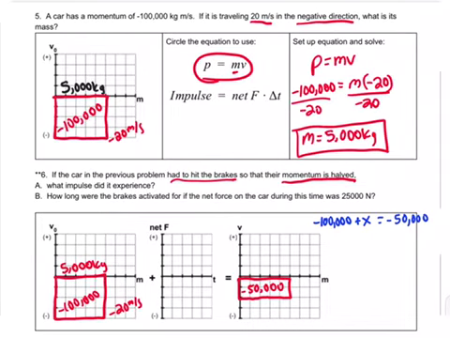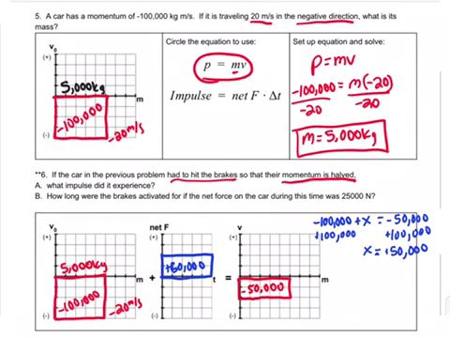When you add and solve for x, we get positive 50,000. So that's the impulse. Whatever happened here with the brakes, we know that the brakes applied this much impulse to the car: positive 50,000.